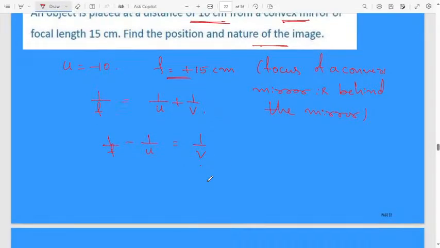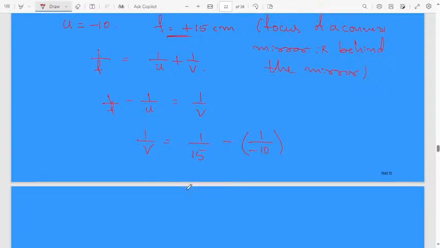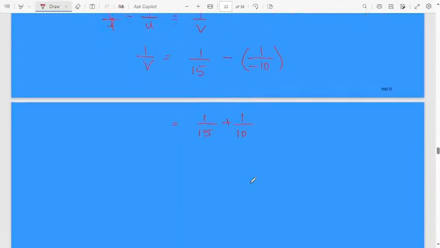We have to calculate the value of 1 by v. Substitute here: 1 by 15 minus of minus 1 by 10, which is 1 by 15 plus 1 by 10. Take the LCM, 150.